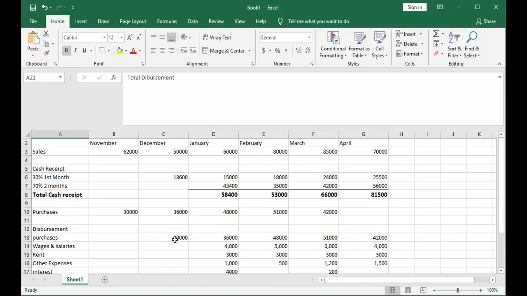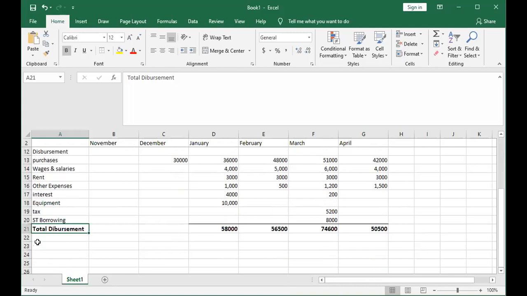the third element in the cash planning is the net cash. Okay, let us go back to the slide.